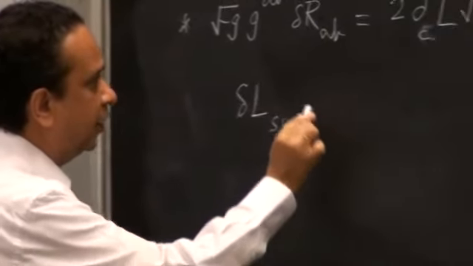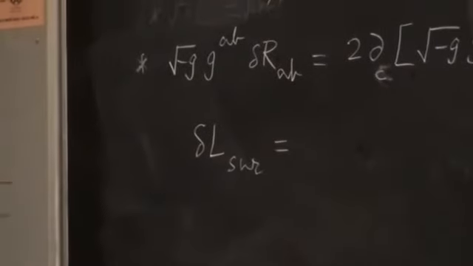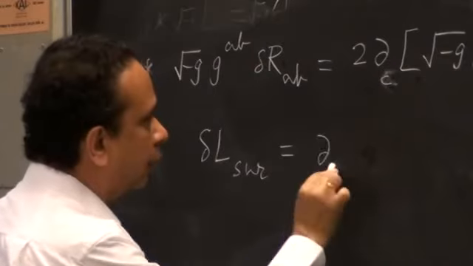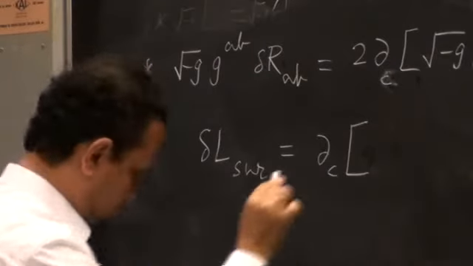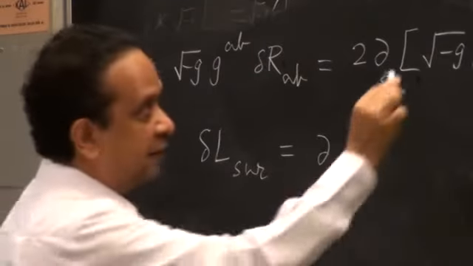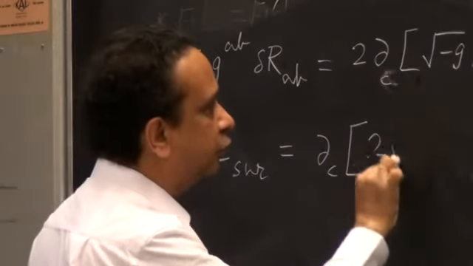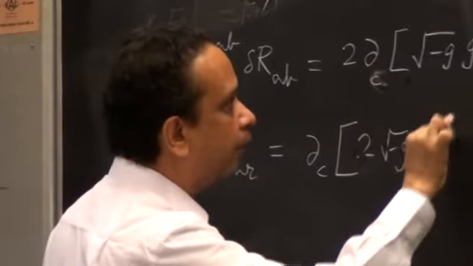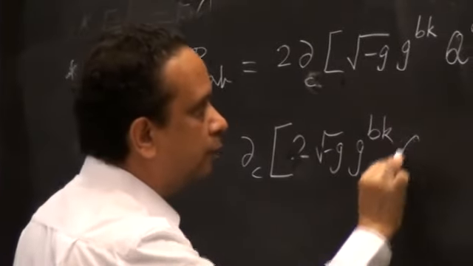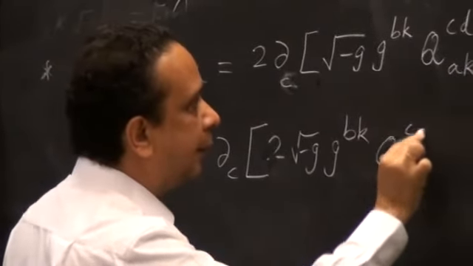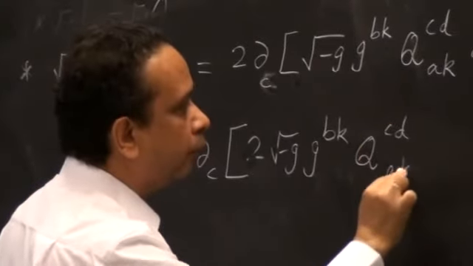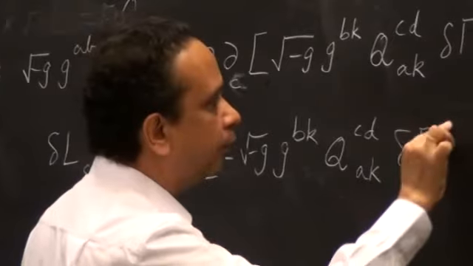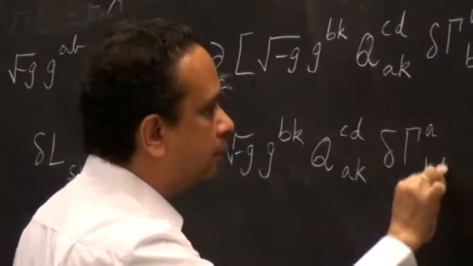Both are straightforward computation, it's just a bit tedious. That you will find is given by dC of exactly this term. It is 2 root minus g GBK Q CDAK delta of gamma A dt.